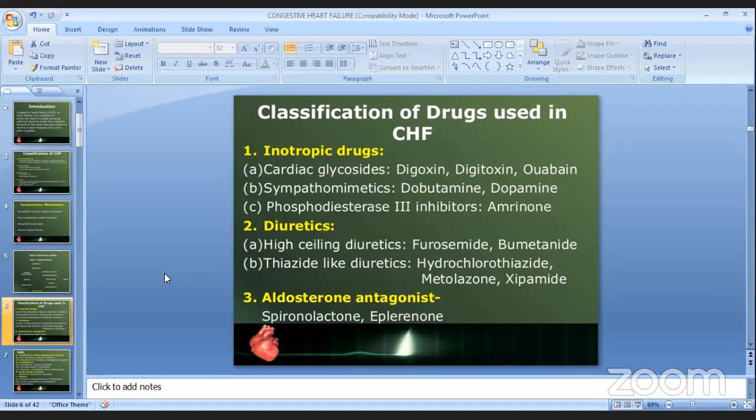Digitoxin acts as a positive inotropic agent, but if you overdose, the accumulation of the drug inside your body causes severe toxicity, and ultimately it turns to a negative inotropic effect. This type of drug should nowadays be used very carefully.